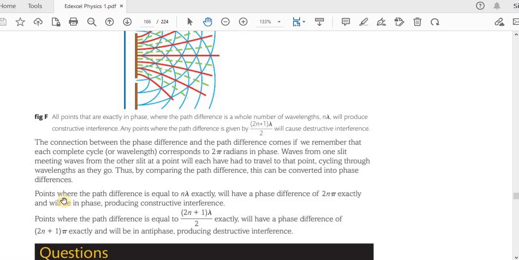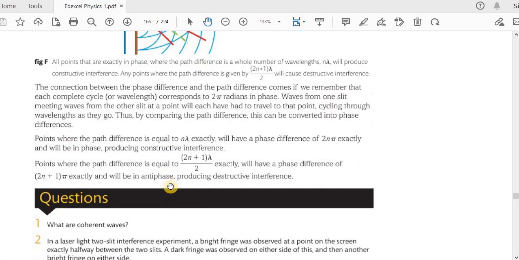So, when you know the path difference, using that conversion factor I told you, pi radians is 180 degrees, you can find the phase difference from the path difference, or from the phase difference you can find the path difference.